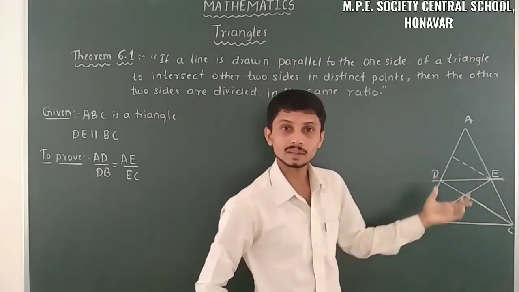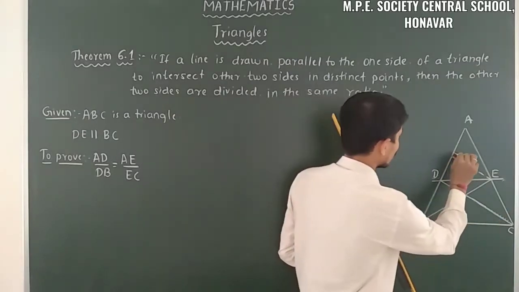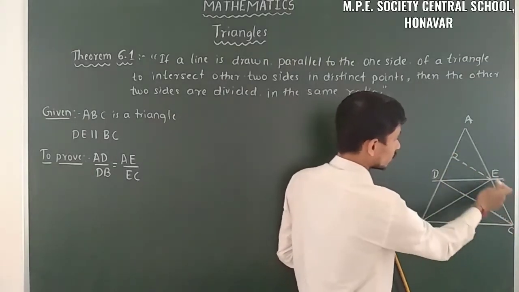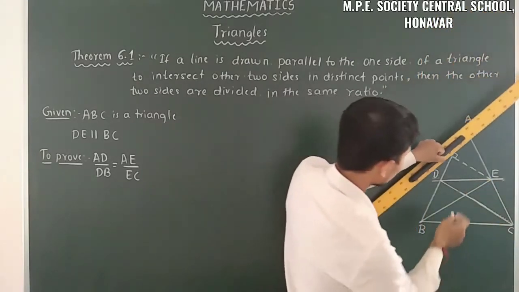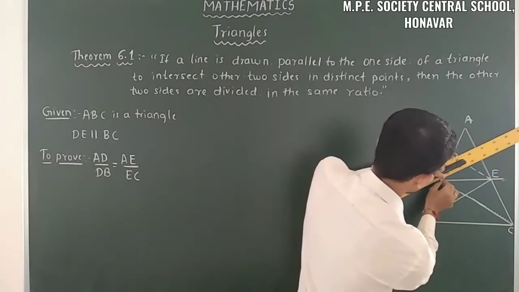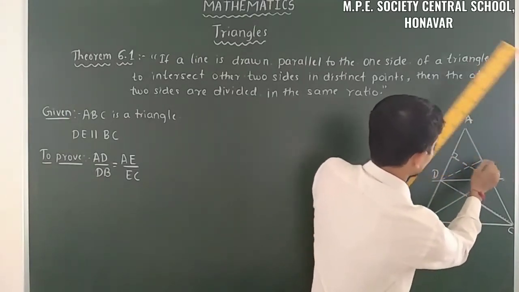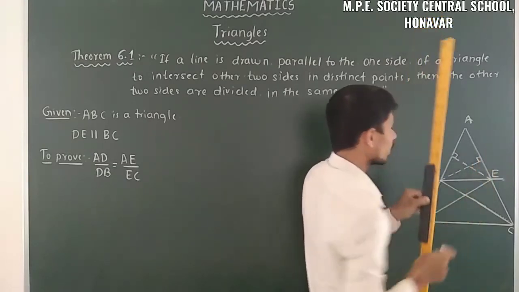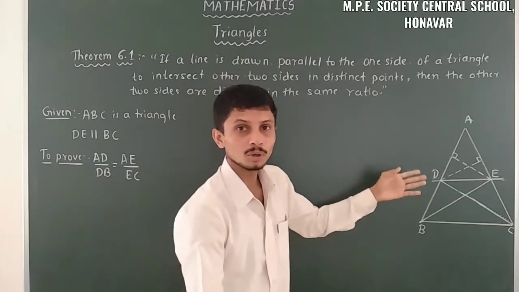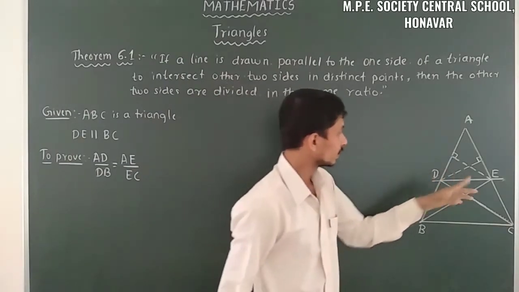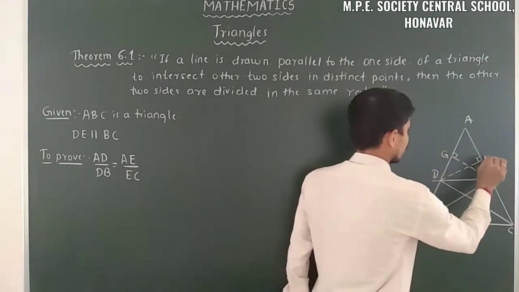We can take it for both, and also for this triangle we have to take the perpendicular height here. So this is the perpendicular height. These are some of the constructions we have to do here. So here DE, and here I will write G and F.